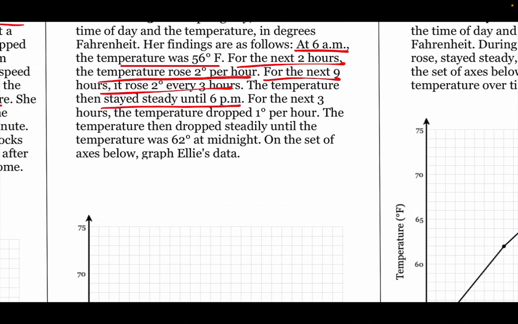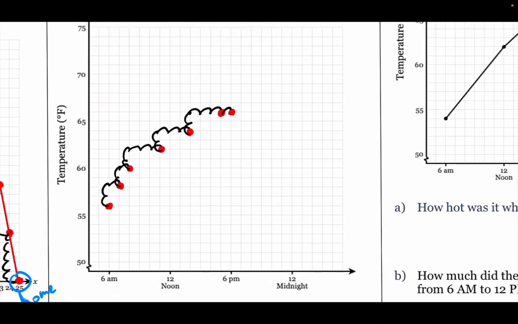For the next 3 hours, it dropped 1 degree per hour. So the next 3 hours, 7, 8, 9 o'clock until 9 p.m., it went down 1 every hour. Down 1 over 1. Down 1 over 1. Down 1 over 1.